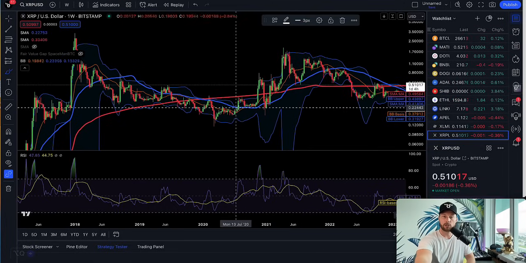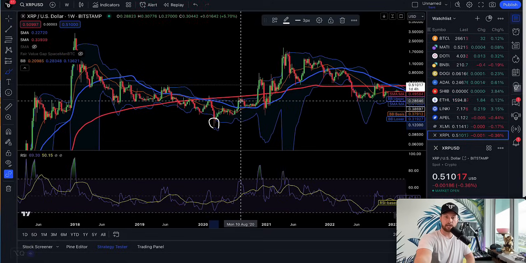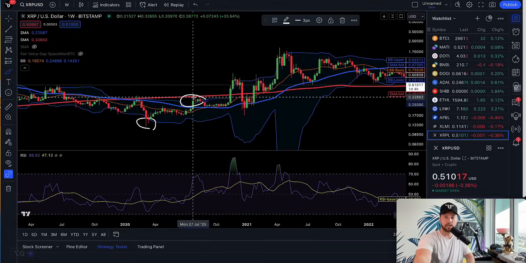For example, looking at XRP right here, when we saw the bottom of COVID come in, the first time that XRP extended above the Bollinger Band, the upper portion on the weekly chart, was when XRP was at 32 cents.